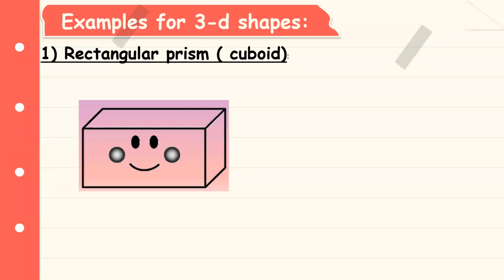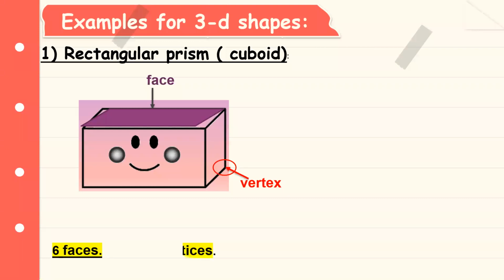Now we want to know how many vertices we have in the rectangular prism. What is the vertex? It's the point where 2 lines meet. So in the rectangular prism, we have 8 vertices. Then how many edges?